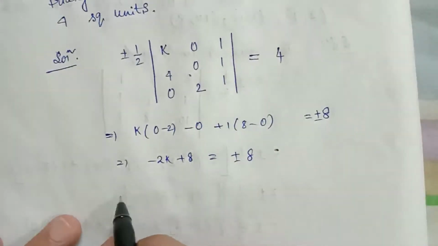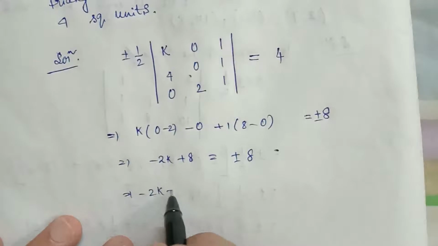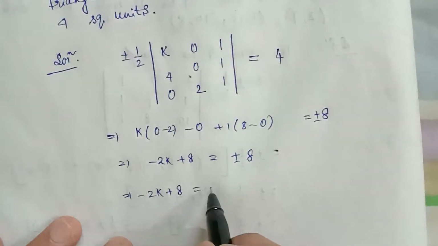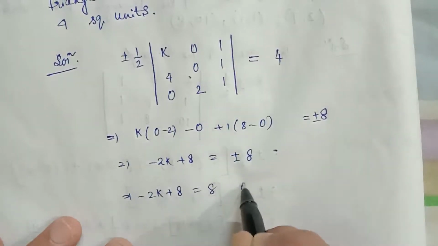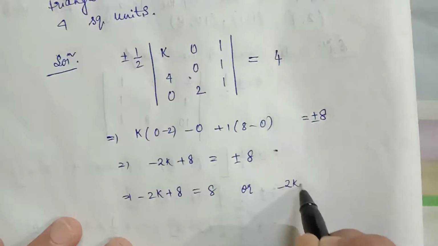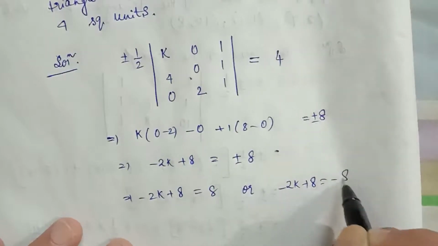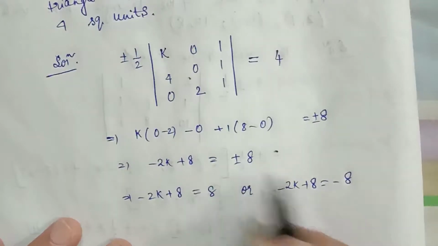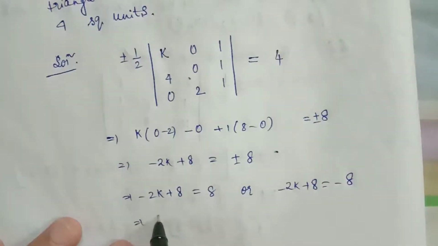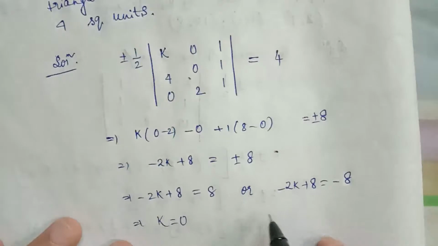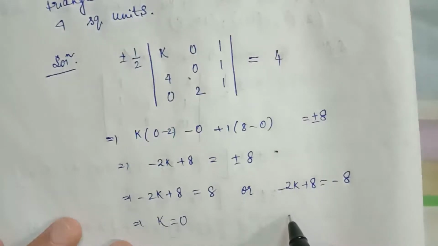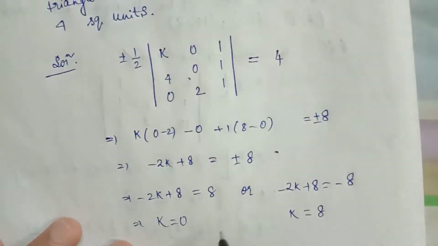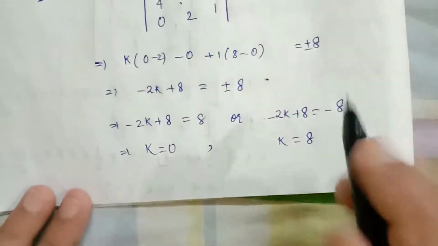So you can see minus 2k plus 8 equal to, considering plus sign, plus 8, or minus 2k plus 8 is equal to minus 8. First we have considered positive sign, then the negative sign. From this k equal to 0 and from this k equal to 8. So k equal to 0 or 8.